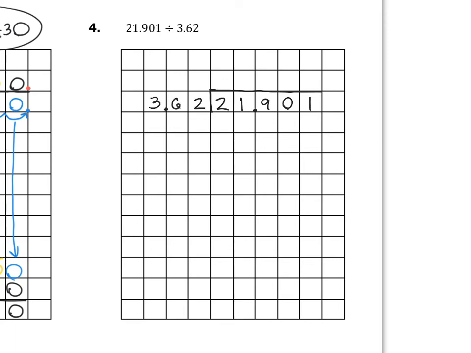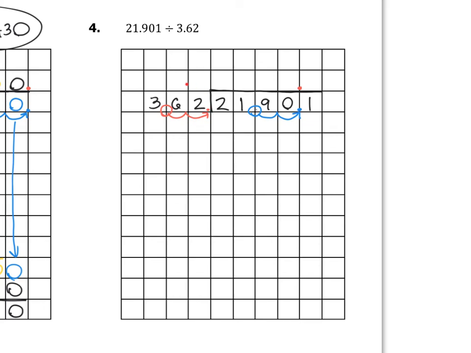The decimal in 3.62 needs to move 2 places to the right, and so does the decimal point in 21.901, so it goes here between the 0 and the 1. So now in my quotient, I'm going to place my decimal point here.